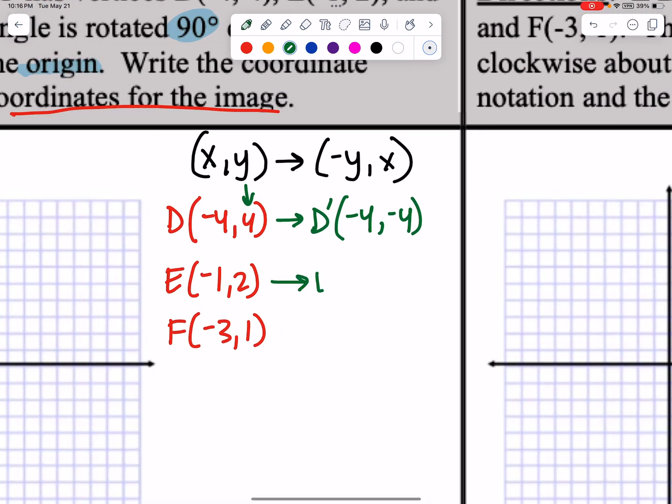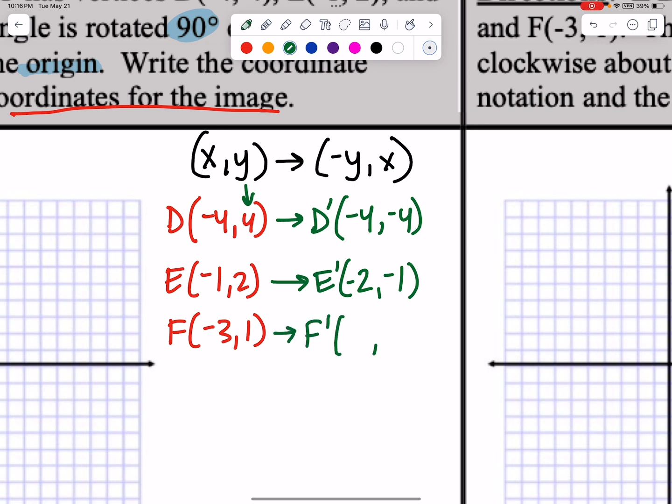Okay, so what are we going to do for E? All we do for E, we know our x's are the same, so I'd sort of set this up. -1's going to go there for x, and then our y was 2, okay, and we're going to put the y here as 2, but we're going to take the opposite. And then our last one is F prime.